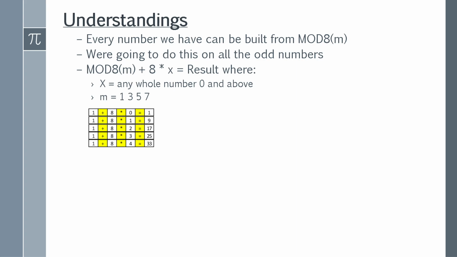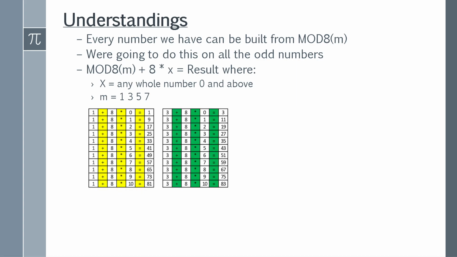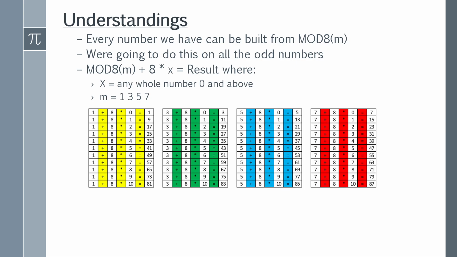I take 8 times 1 is 8, and I add 1, I get 9. 2 times 8 is 16, add 1, I get 17, and so forth. All the way up to 10 times 8 is 80, plus 1 is 81. I can do the same thing with 3, 5, and 7. And so any number that you can come up with, if it's odd, you can subtract 1. You mod it, find out the mod, subtract the mod from it, and then divide by 8.